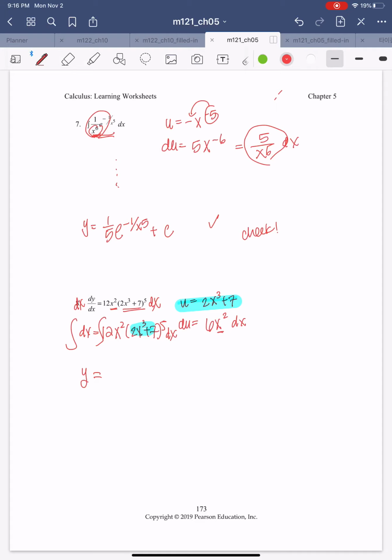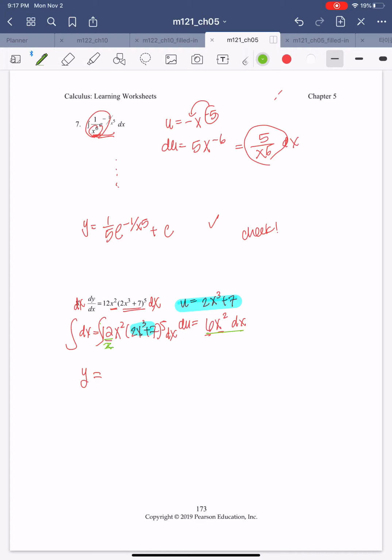Now du, look, you have a 12. You have a 6. Oh, 6 times 2 is 12. So in other words, you can say I just need 6. So if I divide it by 2, then I have a 6.